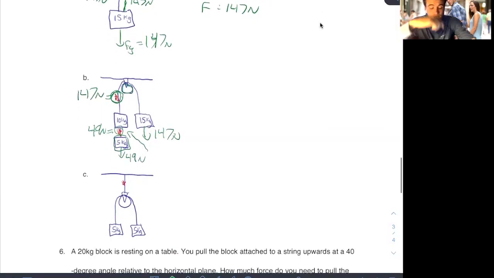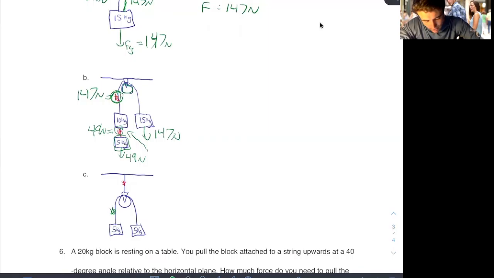Okay, so C is slightly different. We are no longer looking at this rope. We're looking at the rope attached above it. Now this rope is bearing the weight of both of those blocks. It's essentially just supporting the pulley, right? So the pulley has 10 kilograms attached to it.